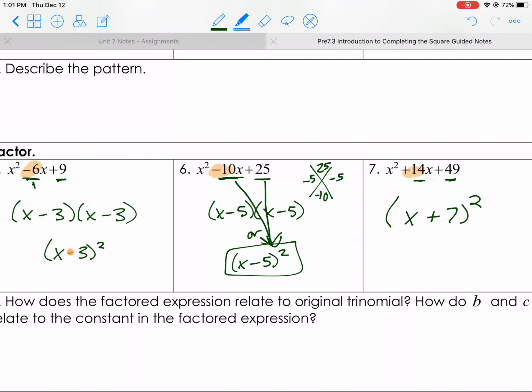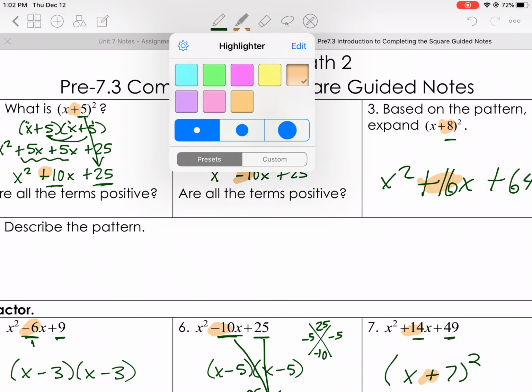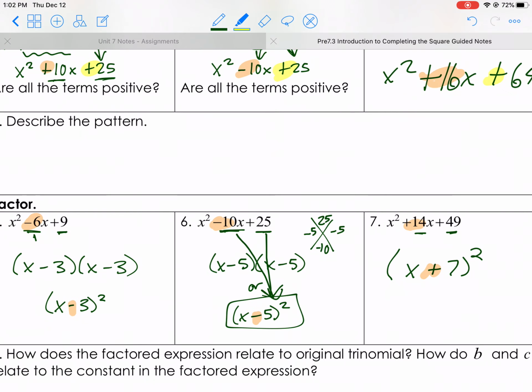Okay? It's always going to match what we had there. And I think up above it does the same thing. Positive, positive, negative, negative. But the final term, in all cases, is always going to be positive. That's because we're either doing negative times negative, which is positive, or positive times positive, which is positive.